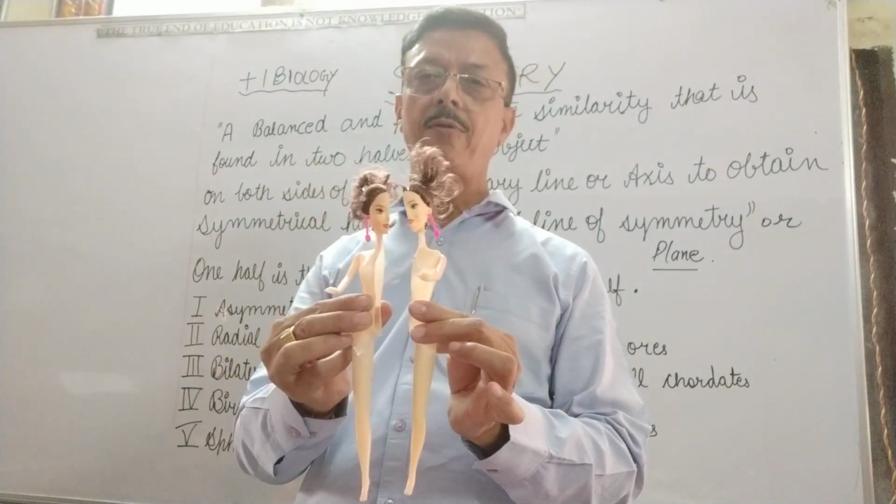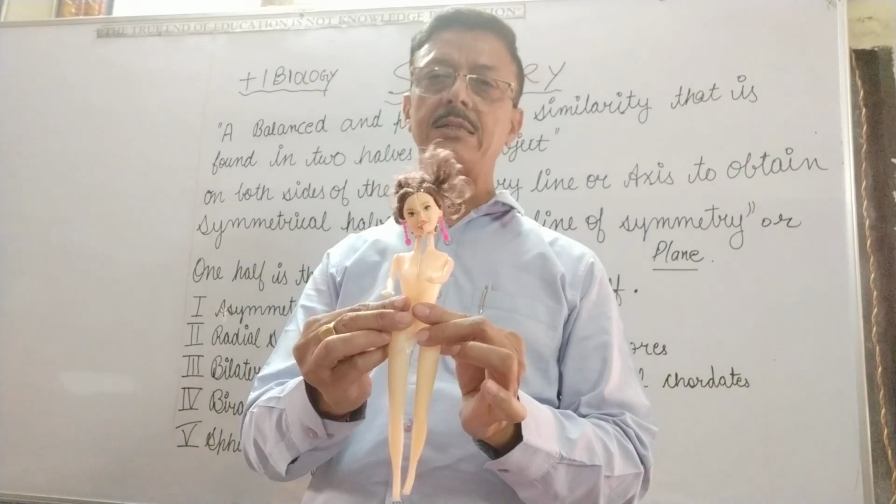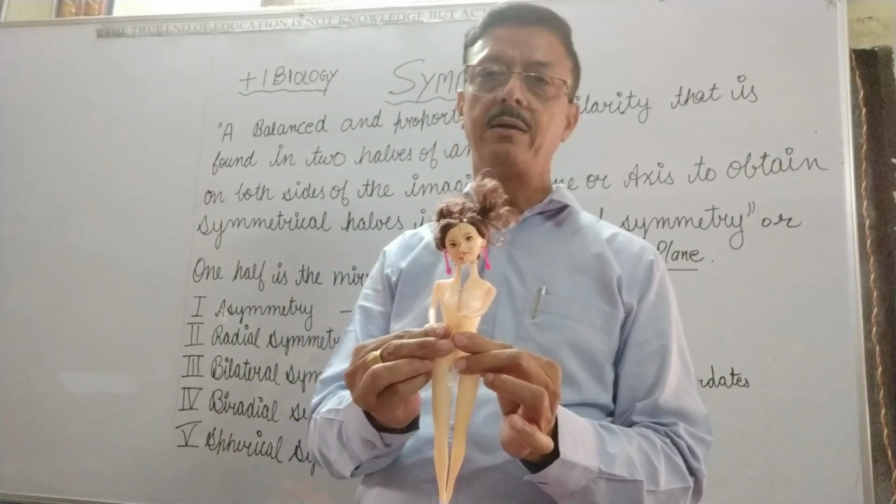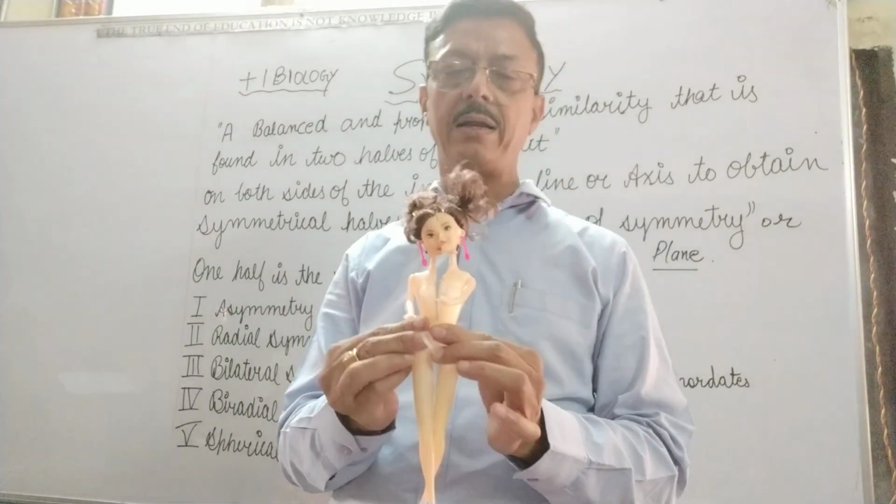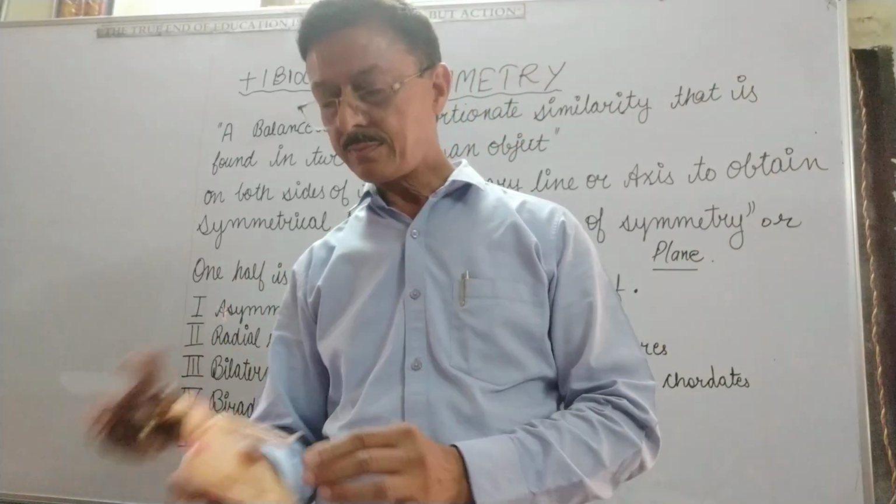This is the example of bilateral symmetry. This is present in mollusks and all chordates and platyhelminthes animals.